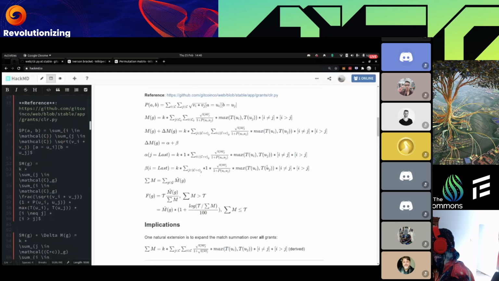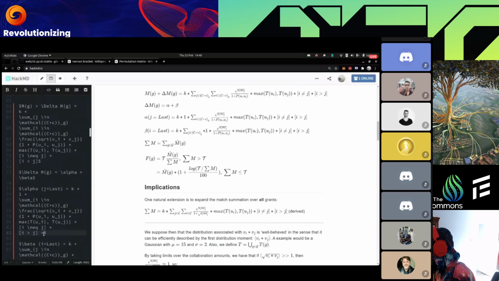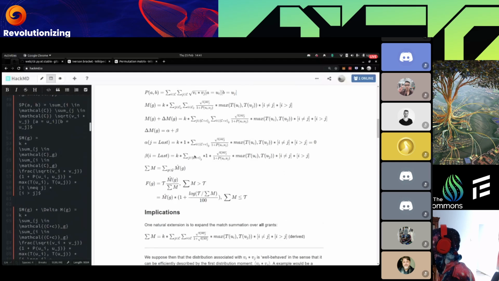So one of those is going to be 0, because of the symmetry. For example, in that instance, G is always going to be higher than Z. So this is going to become 0. So alpha is going to be equal to 0. So actually, we only need to care about beta. So calculating delta M is essentially calculating beta.